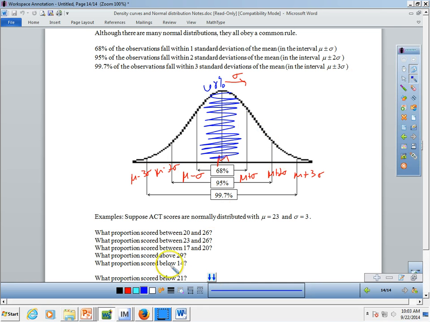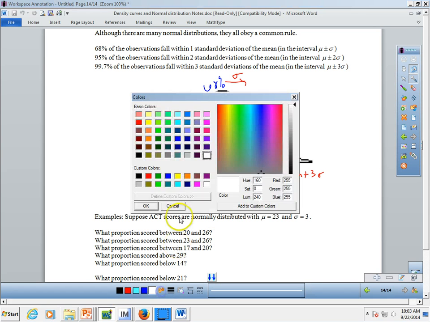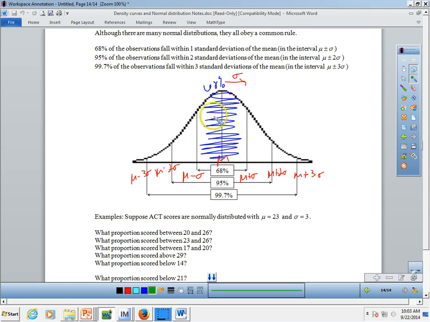Now, what if we change colors here, and we start talking about, let's go this way. So from here all the way out to here, what proportion of observations are within 2 standard deviations? Well, that's 95%.